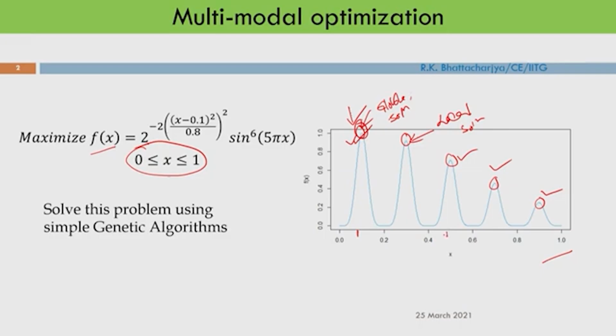Suppose I choose the initial solution somewhere here, x naught, then probably you will get this solution. Similarly, if you do it here you will get that one. But if you take an initial solution somewhere in between, you will get the global optimal solution. But if you are applying genetic algorithm, then you will get the global solution, this particular solution.